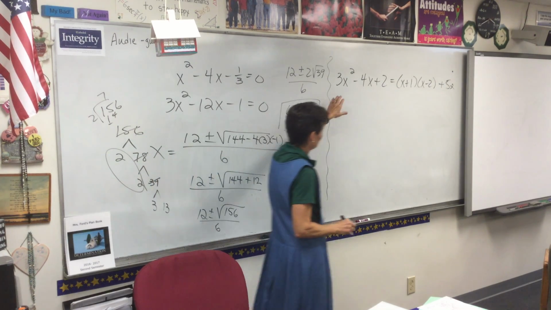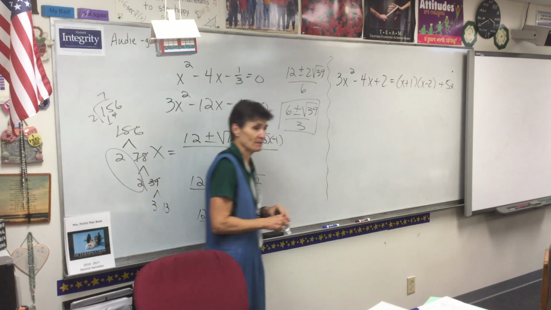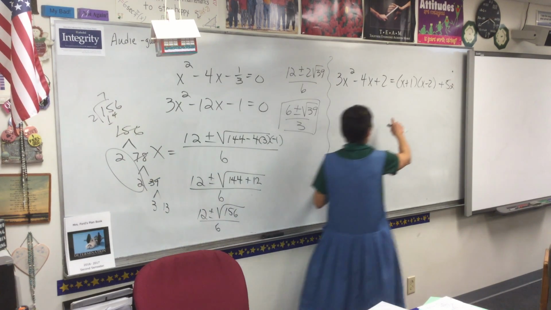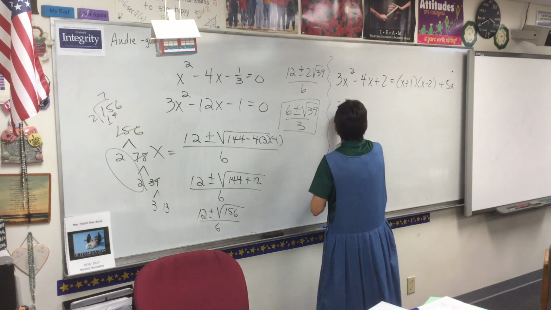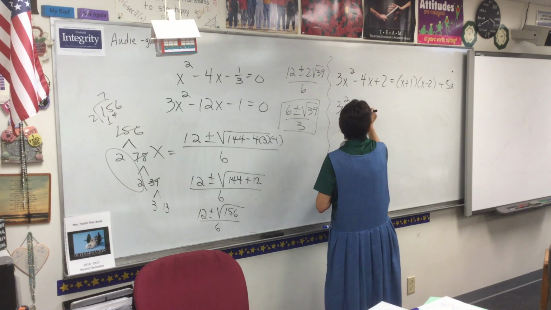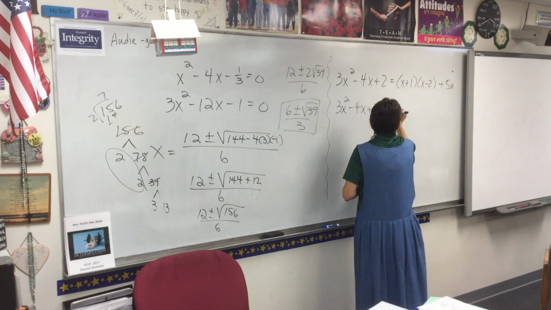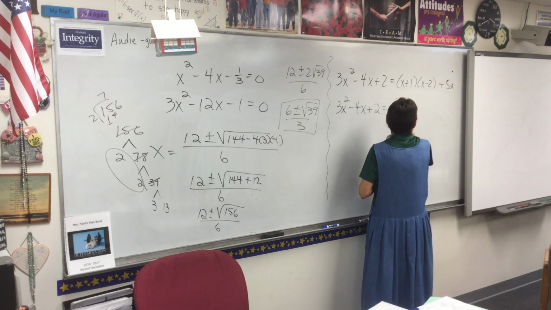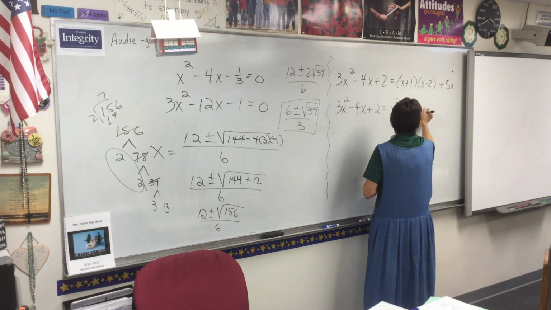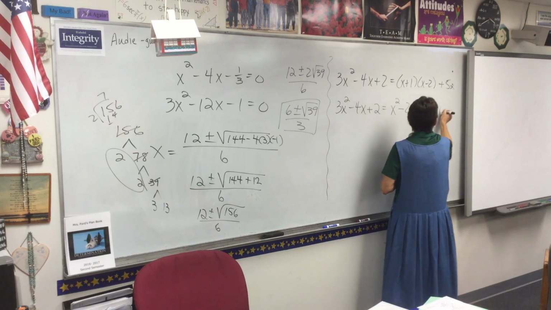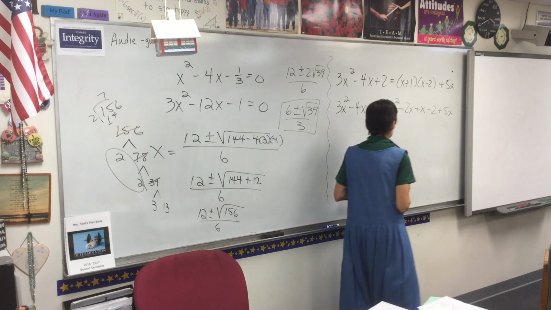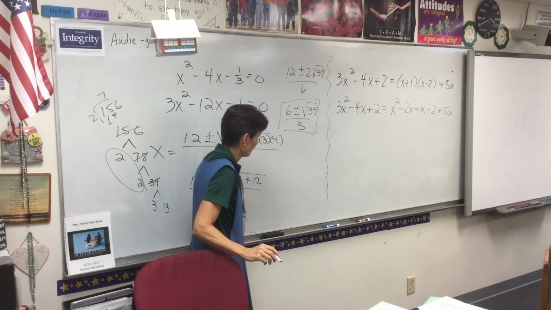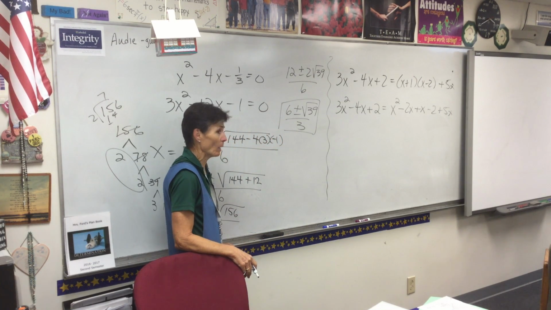All right, what about this one? What do you think about this? Distribute. He says we need to distribute this. We need to FOIL that out. So we have x squared minus 2x, first, outside, inside, last. Alright, so I got foiled out, distributed out. Now what?